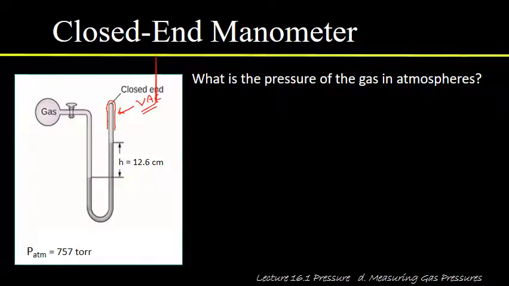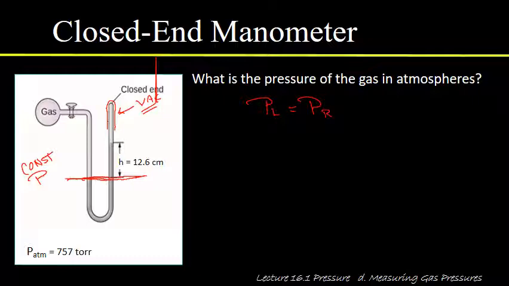If we want to know what the pressure of the gas is, we'll do exactly the same thing we did before. Draw a horizontal line, even with the lower mercury level. And that line represents constant pressure. So we know that the pressure on the left is equal to the pressure on the right.